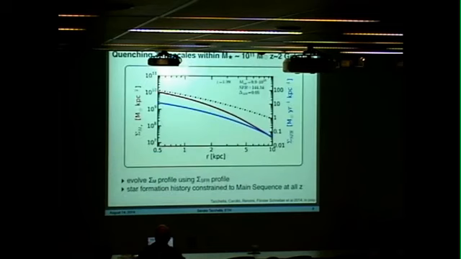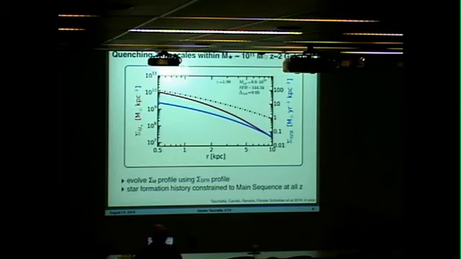So now we can go one step further and think of how the quenching has to progress in these galaxies. So I'm looking now specifically only at the very massive galaxies, so galaxies around 10 to the 11 solar masses. Because I have the information on how the star formation rate here in blue is distributed in a galaxy, and I know also how the stellar mass density is distributed in a galaxy, I can, with a simple model, just add up the stellar mass at the given radius, describing the following law.